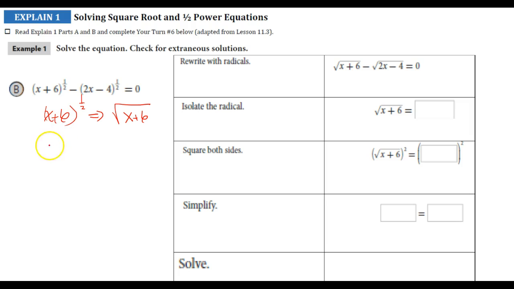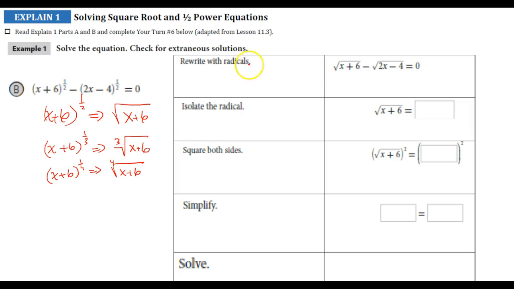You can also do this with any fractional exponent, so x plus 6 raised to the 1/3 power could be the cube root of x plus 6, or x plus 6 raised to the 1/4 power would be the 4th root of x plus 6. So just so you know that we can write this as anything.